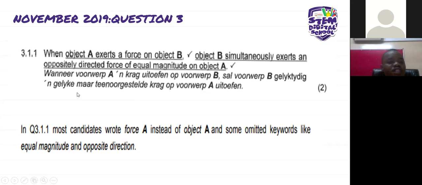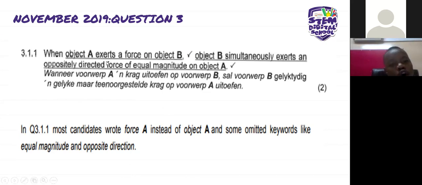Now, some of the mistakes that learners make, particularly in this question, learners would say, when force A exerts a force on object B. Now, that does not make sense. It is the object that is exerting a force on the other object.